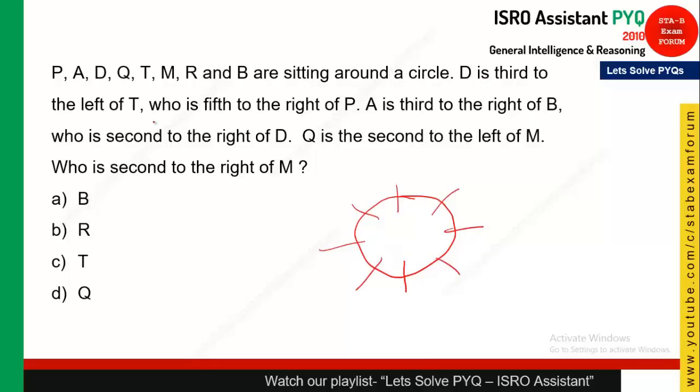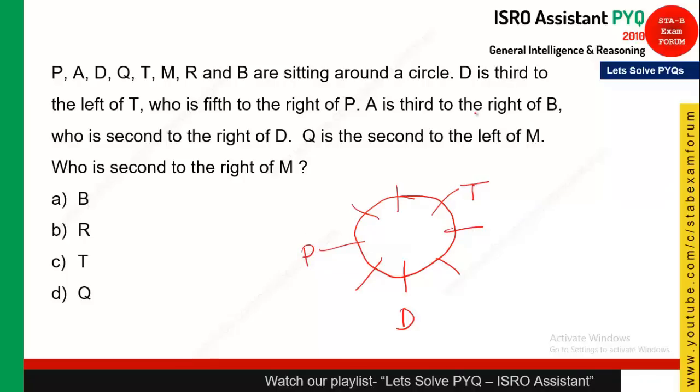D is third left of T, so you can start from anywhere. So D is third left of T, 1, 2, 3. So T should be here. T is fifth right of P, so fifth right of P, 1, 2, 3, 4 and 5. So here P should be there.